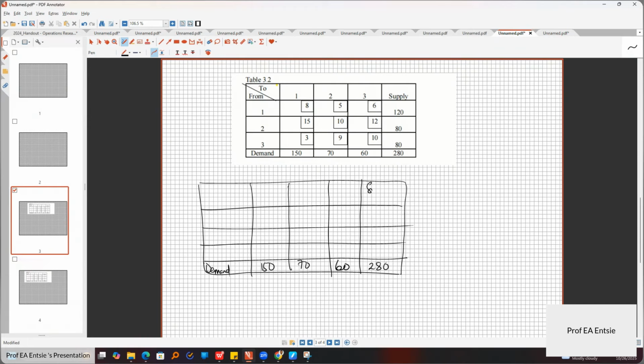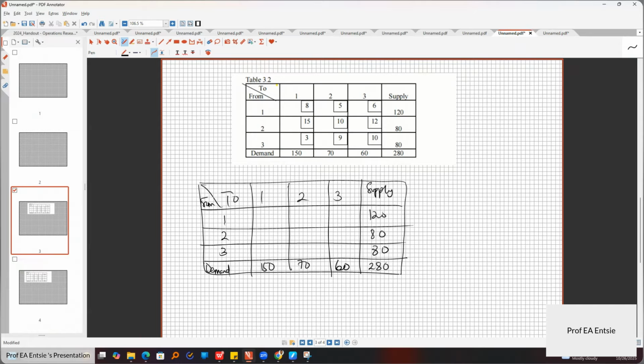Here is the supply: 120, 80, 80. So I have one, two, three, and also one, two, three, from and to.